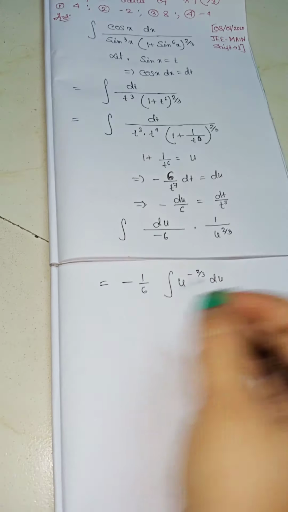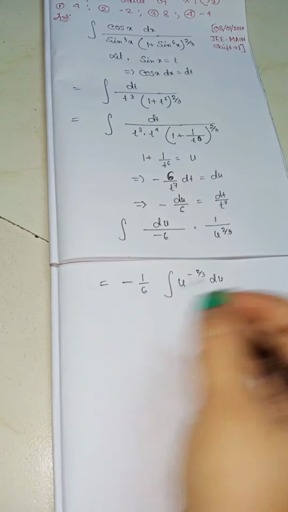Integrating this we get minus 1 by 6 into u to the power 1 by 3 divided by 1 by 3 plus c. So this becomes minus half into u to the power 1 by 3 plus c.